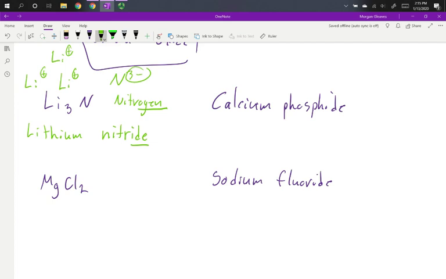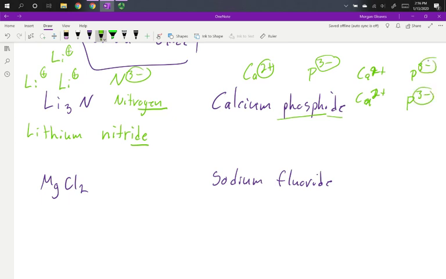Over here for calcium phosphide, calcium is a 2+. Phosph- is phosphorus. The -ide tells us it's an anion. Nitrogen and phosphorus are both -3s, so a phosphide is a P3-. Ooh, well these don't line up. If I have one calcium 2+, and a phosphide 3-, I don't have enough positives, so I could add a second calcium. That gives me 4 positives, which means I'd need another phosphide.